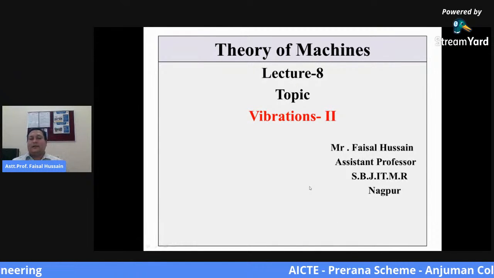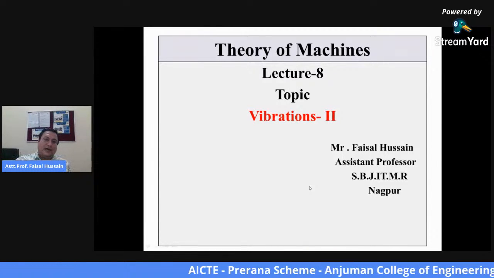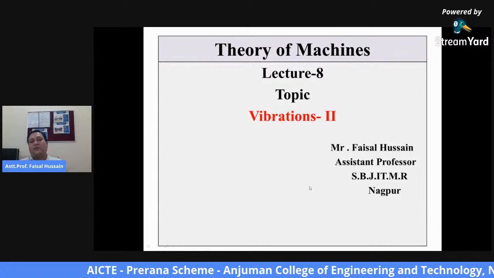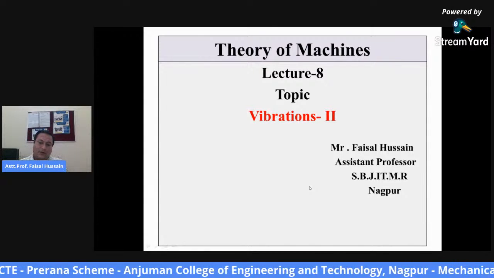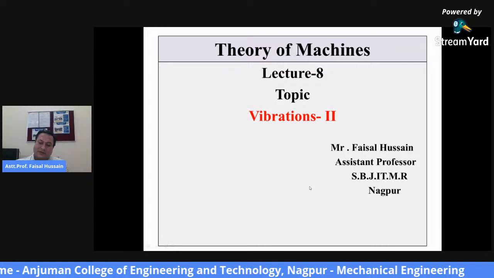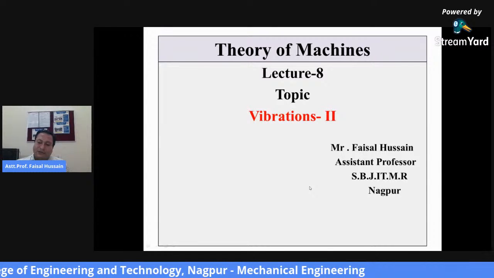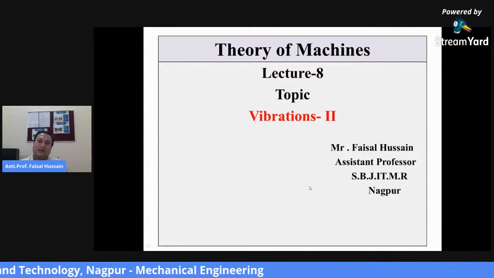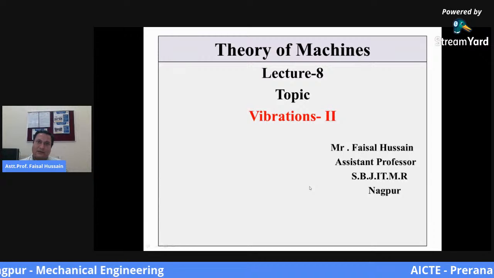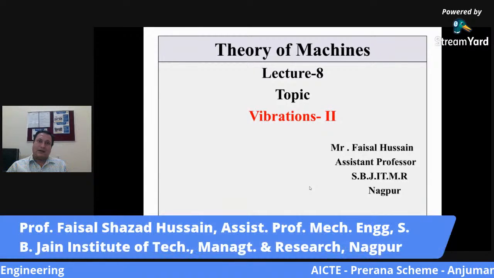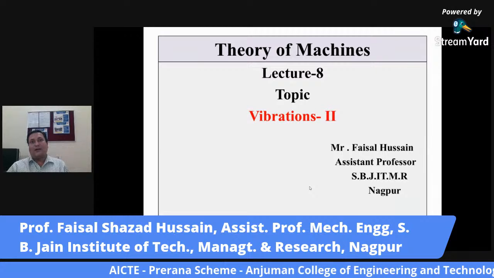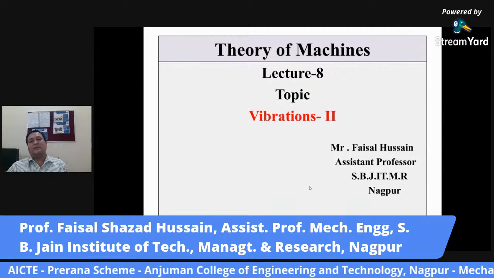So, this is the last lecture related to theory of machine plus vibration. In the previous class, we studied free vibration, the different types of energy methods, equilibrium method, Rayleigh's method, and the energy method to determine the natural frequency of the system.